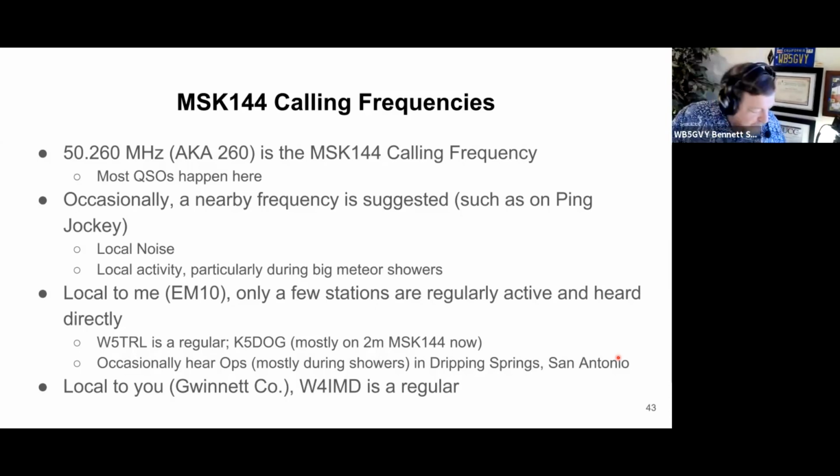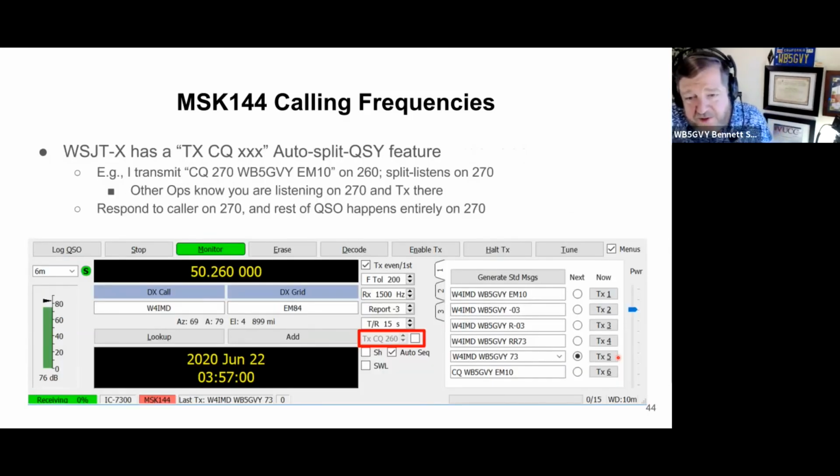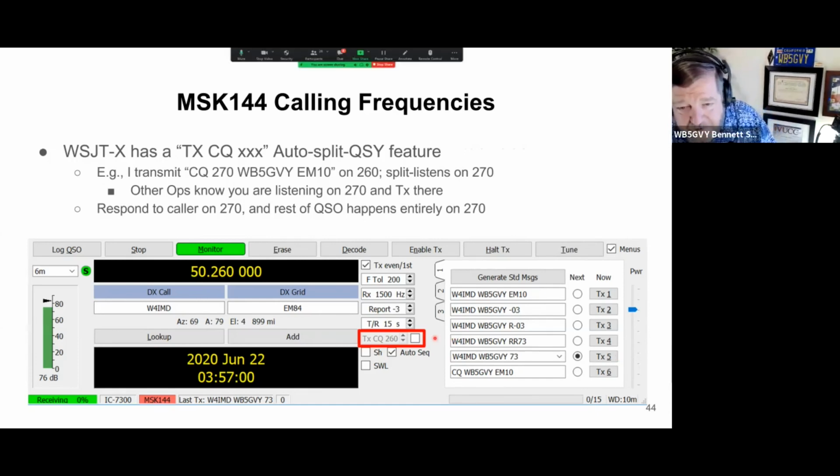Occasionally I'll hear people from down in Dripping Springs or San Antonio. Local to you, there's station W4IMD, a big gun on meteor scatter and a regular. Let's see. There's this interesting QSY feature in WSJT-X. I put a red box around it in this slide, that if you enable that, and you change the frequency to like 270, then the software split listens.